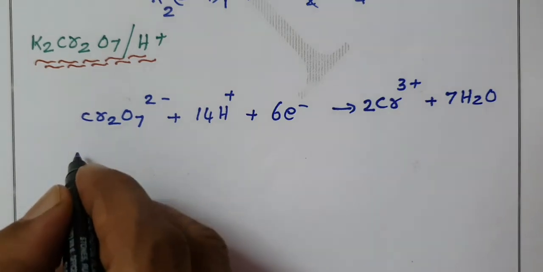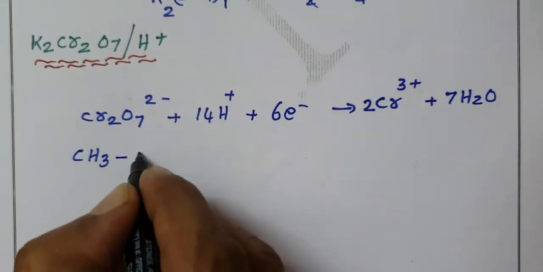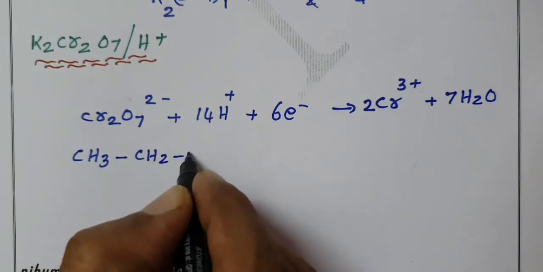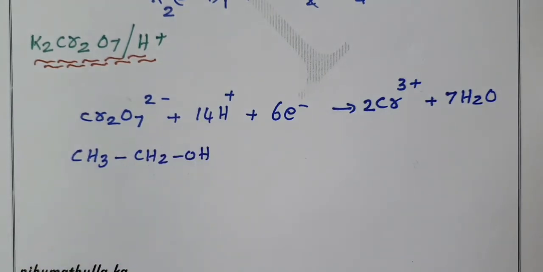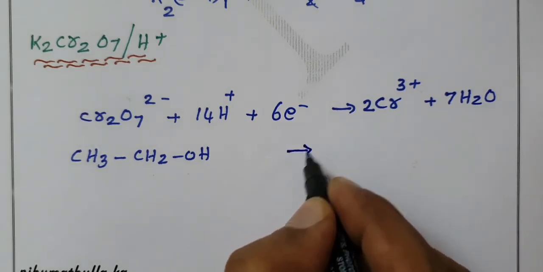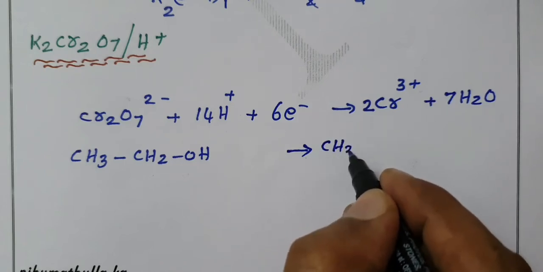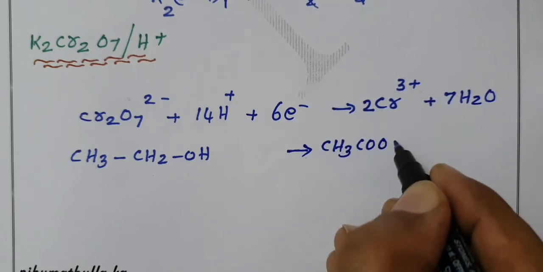Now, in the second step, ethyl alcohol CH3CH2OH, ethanol, undergoes oxidation into acetic acid, ethanoic acid, CH3COOH.